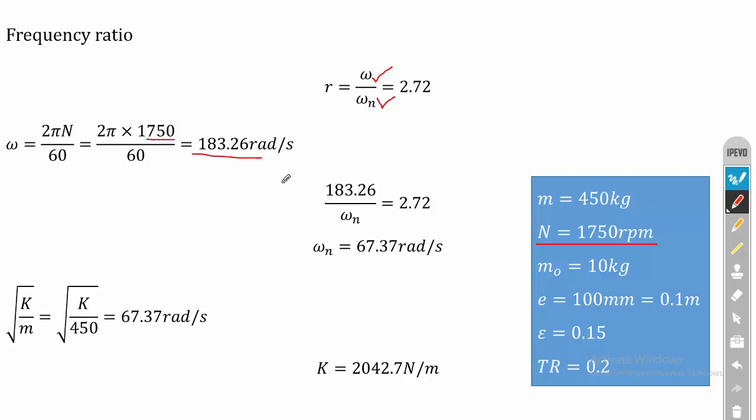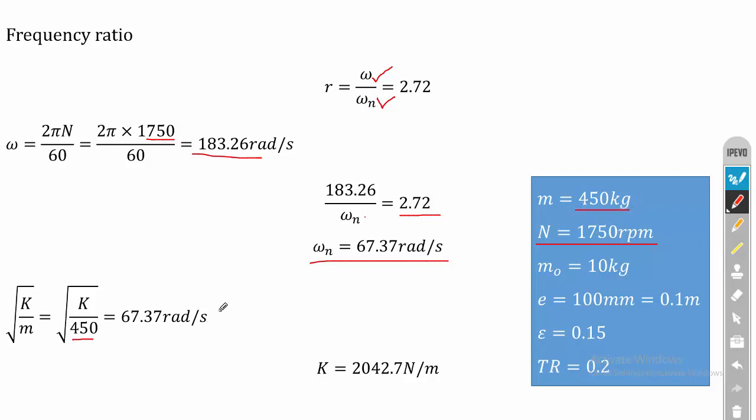spring. Okay, so first I am going to substitute the omega value in the R equation, that is 183.26 divided by omega n is equal to 2.72. Further, omega n is equal to 67.37 radian per second. Then we know that for a spring and mass system with single degree of freedom, omega n is equal to root of k by m, and the mass is given in the problem, it is 450 kg.